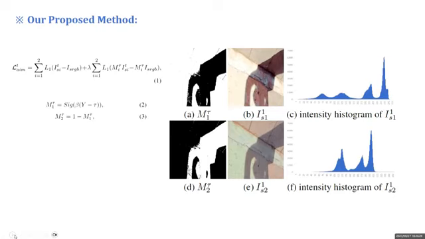The figure on the right gives a visualization of equation 1. It shows that the AIM module learns to project raw images into sRGB images of different intensity distributions.